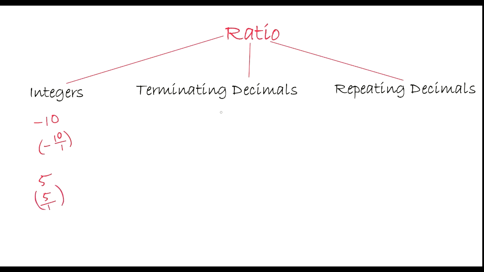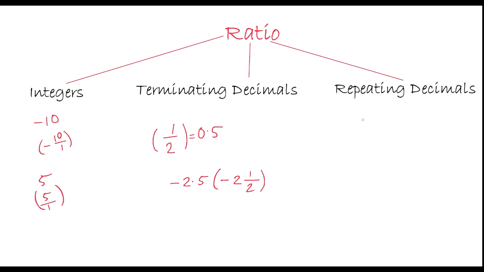Okay. And terminating decimals, suppose 1/2, because this 1/2 is a terminating decimal, 0.5. And -2.5 is a terminating decimal. The fraction expression is -5/2.